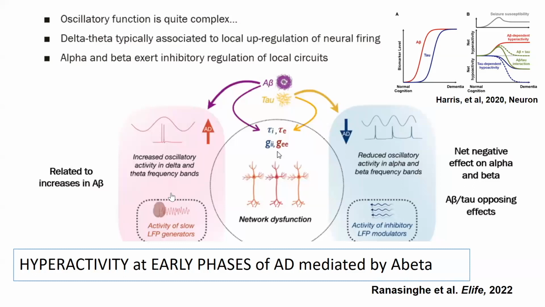In later phases of disease, alpha and beta frequency bands are reduced, possibly mediated by tau peptides. So in alpha and beta frequency bands, amyloid beta and tau have opposing effects.